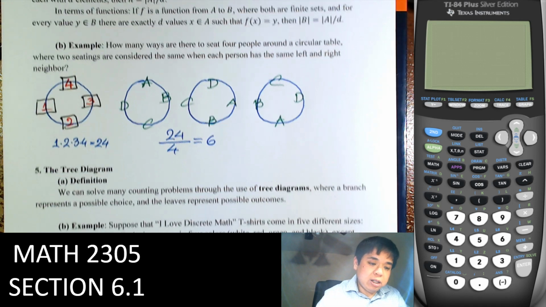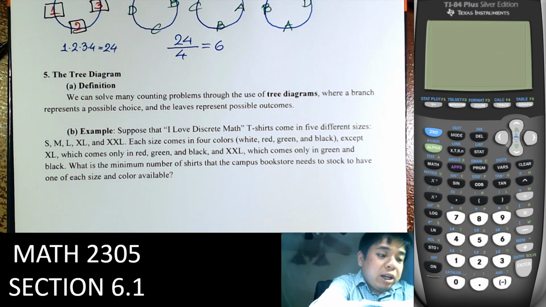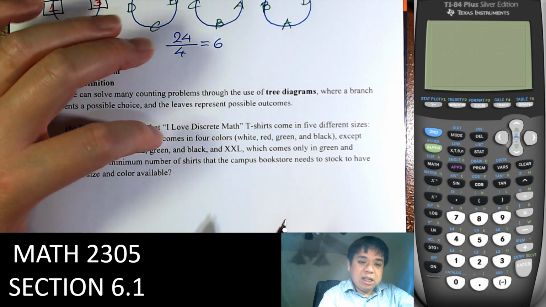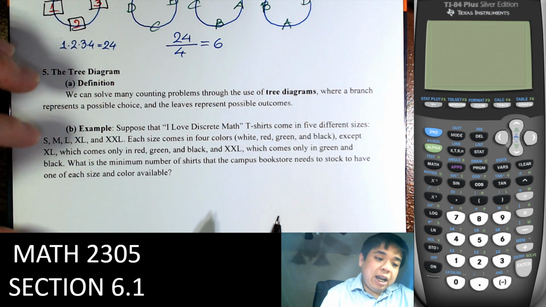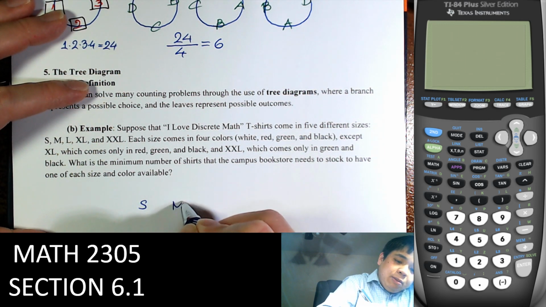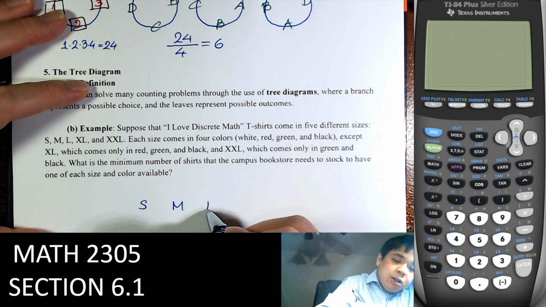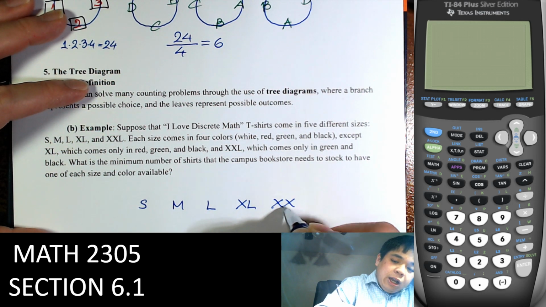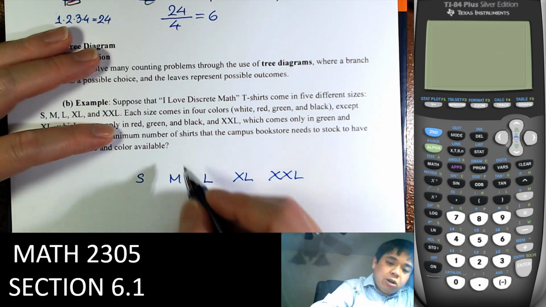6 different ways. Right. Finally, in this section, we also study the tree diagram. A tree diagram can help us visualize and count how many we have. For example, let's say you design a t-shirt, and there are 5 different sizes: S, M, small, medium, large, extra large, 2X large.